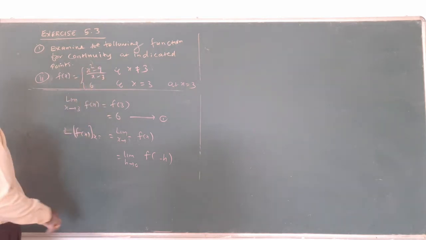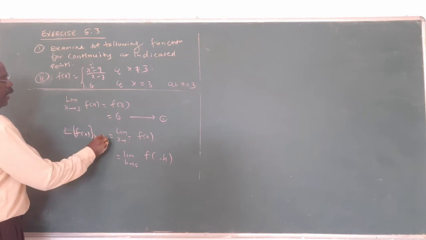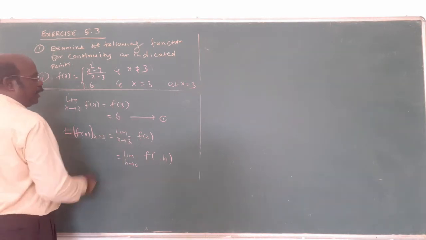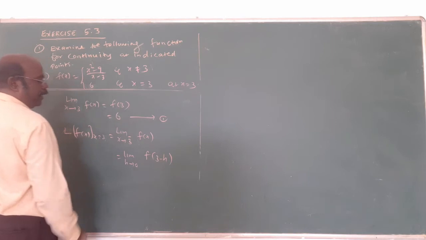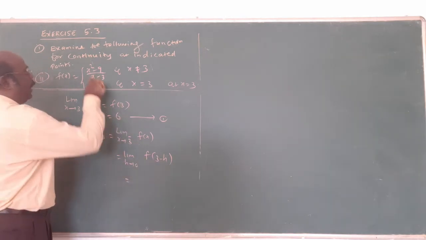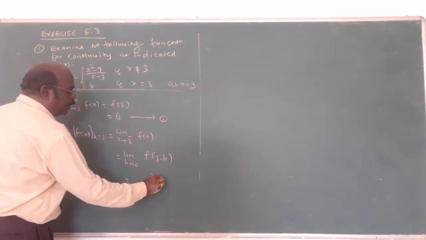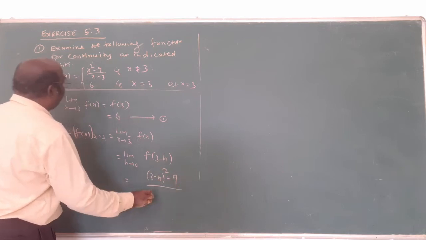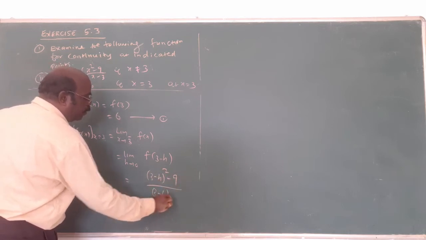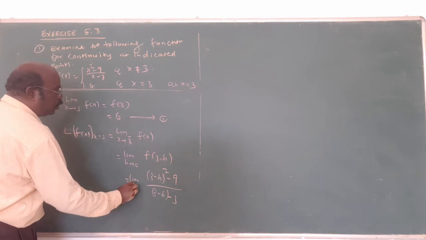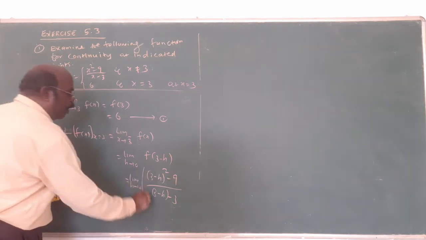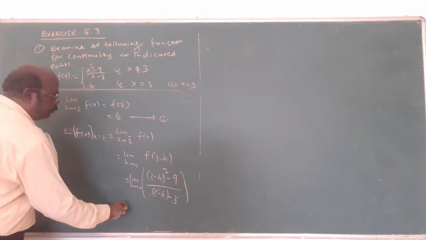Am I right? Now the left limit of f of x at x equal to 3 is limit of f of 3 minus x. Now replace x by 3 minus x. (3 minus x) whole square minus 9, here again 3 minus x minus 3. Here limit h tends to 0. Now by using the formula, 3 cancels.